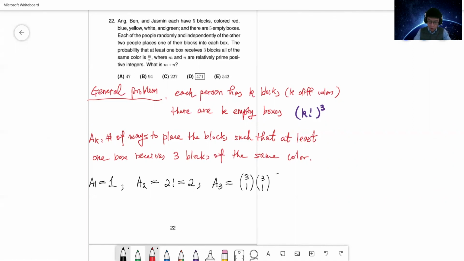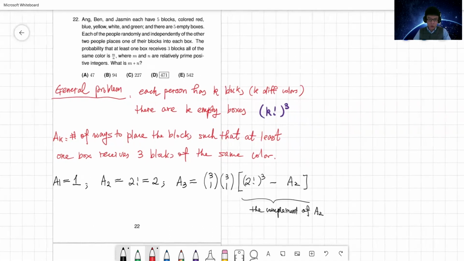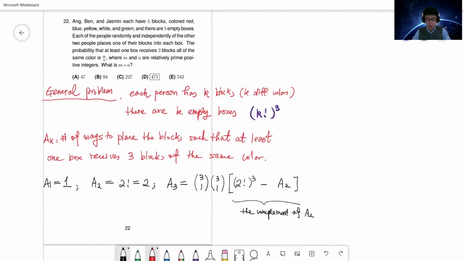For the remaining parts, it's equivalent to having 2 blocks each person and 2 empty boxes, such that no box has same color blocks. That corresponds to the complement of A2, which is 2 factorial cubed minus A2. This is the case with only 1 box of the same color blocks.